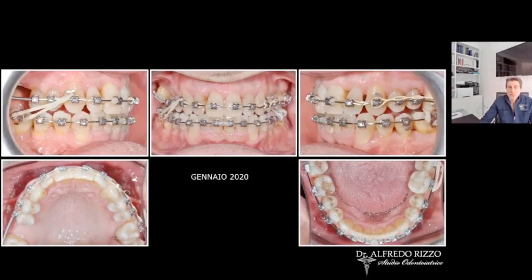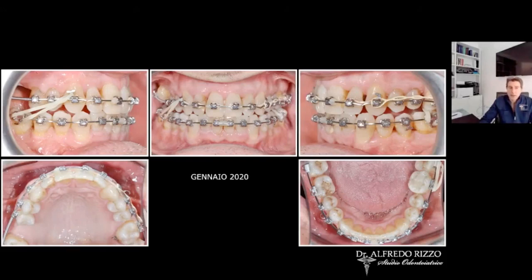In January, I add curves for the anterior group in the TMA arch wire in order to improve the torque, so that I can make it even more perfect, and I continue to improve the class of the bite.